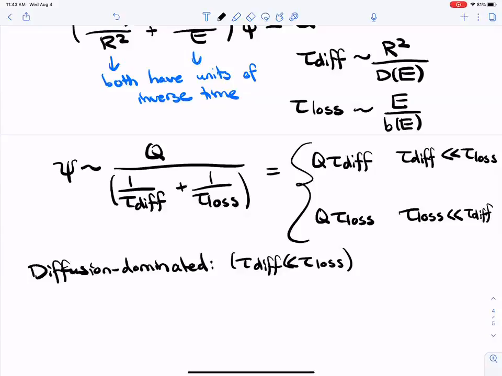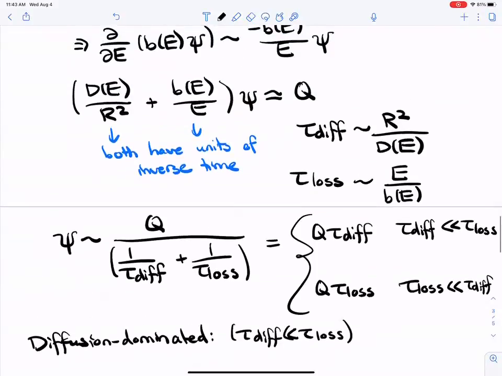Yeah, I might have missed this, but is there some reason to assume that there's going to be a big separation in these two timescales? No. Well, in practice, for protons and antiprotons, there is a big separation. You can work them out, but it depends on the magnetic field of the galaxy and how it compares to the timescales for ICS and synchrotron. It turns out that for protons and antiprotons at the energies we look at, the diffusion timescale is usually shorter than the loss timescale.